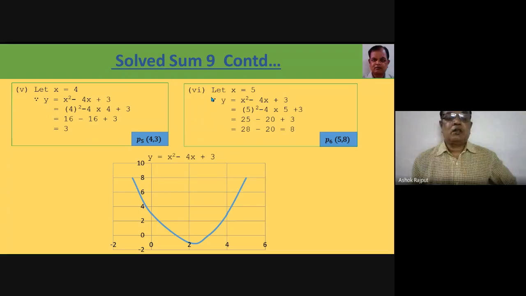As we have mentioned in the table also, we will take these 6 points and plot the graph, and we will get this type of graph. It is like a parabola because it is a quadratic equation. So for a quadratic we always get a parabolic shape. In this way it is completed.